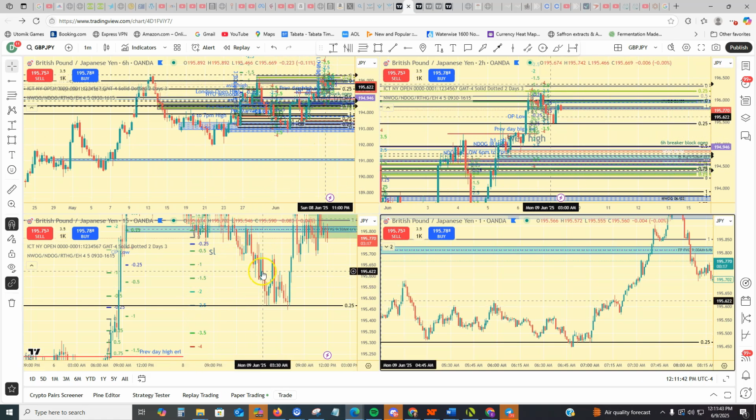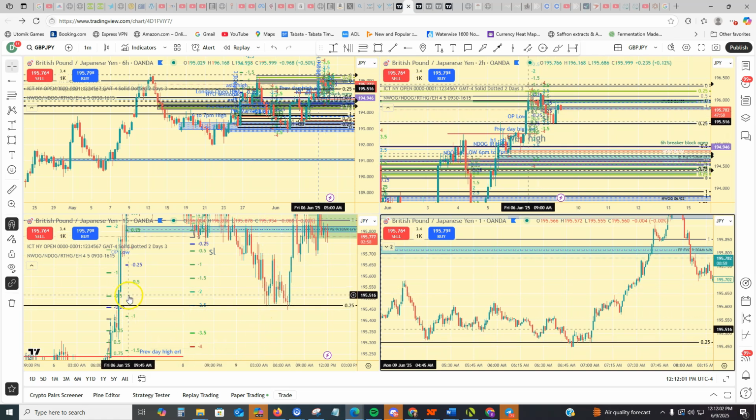So the other thing I want you to focus on is here, 30. See that? 30, 330. So the 30 is again not necessarily a macro, but it's a time when price likes to move. So 30 opened up in here, and 30 ran down into the imbalance.